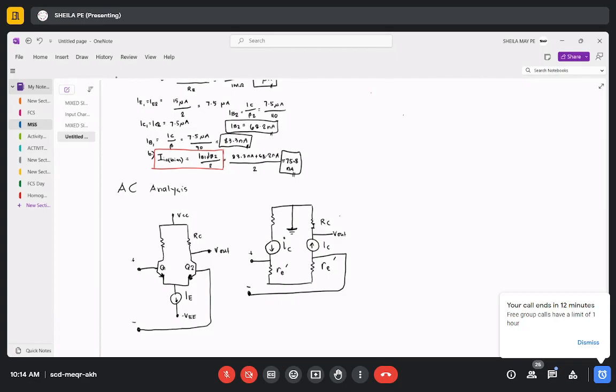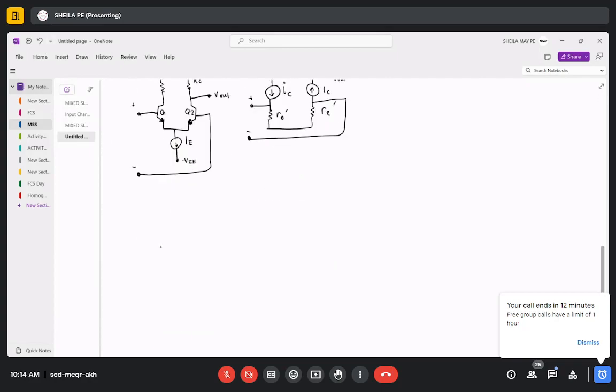And our emitter resistor, class, is broken down into two, one for Q1 and Q2, and it is denoted by RE prime. Given that, class, RE prime, R sub E prime, is just 25 millivolts divided by IE.